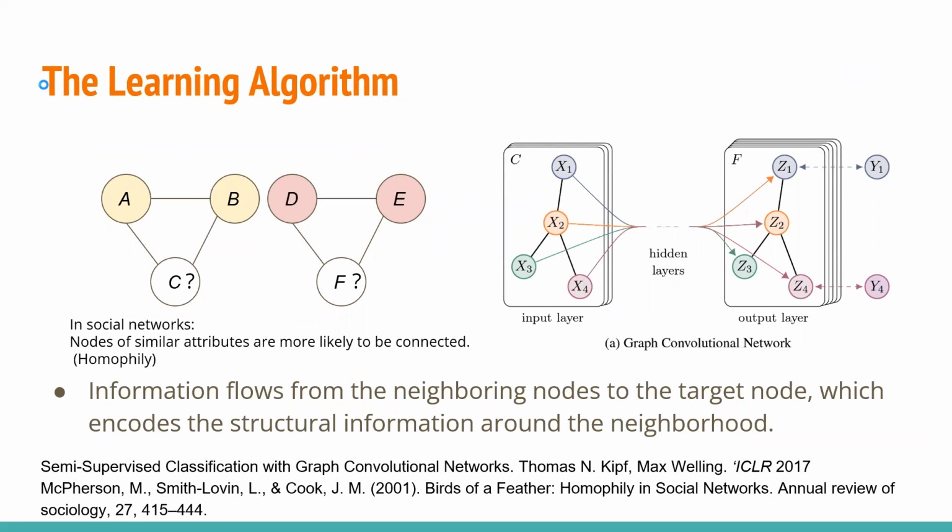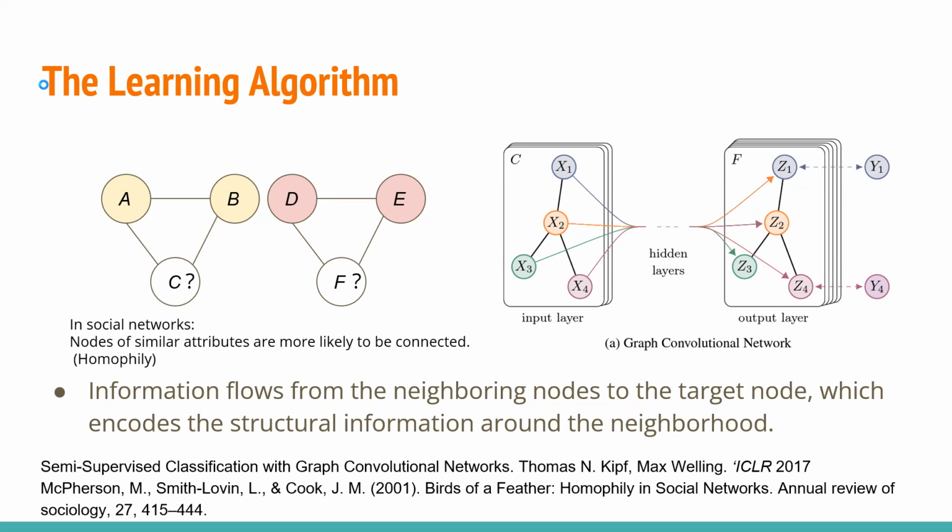On the left side, imagine this is a toy example of two subgraphs of the Twitch network. One task we are interested in is to predict whether a user is underage. Suppose the yellow indicates the underage and the red indicates the mature users.